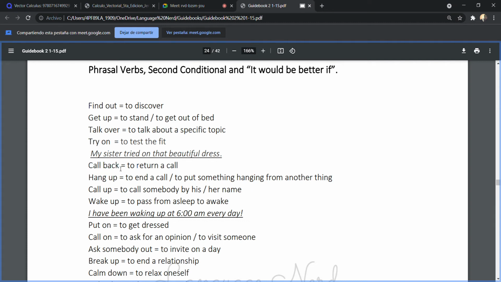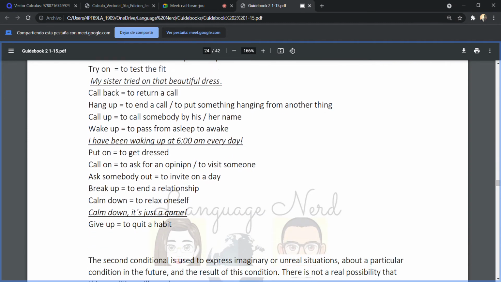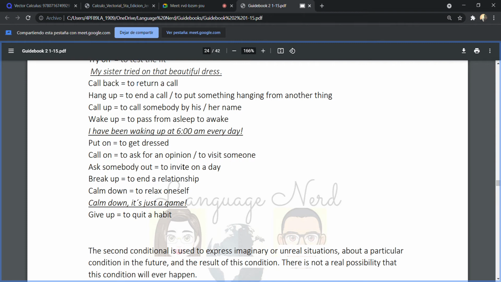Then you have call back. Okay, call back. So call back means to return a call. Like for example, imagine that you are talking or calling your father, and then you have to hang up. Okay, hang up to end the call. So you are talking to your father or calling him, and you need to hang up the call, and then you can say, I will call you back in 5 minutes.